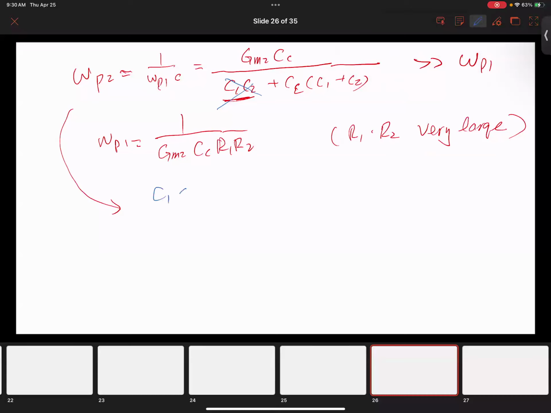So C1 is much smaller than CC, and C2 also much smaller than CC. Therefore, here we get that neglected.